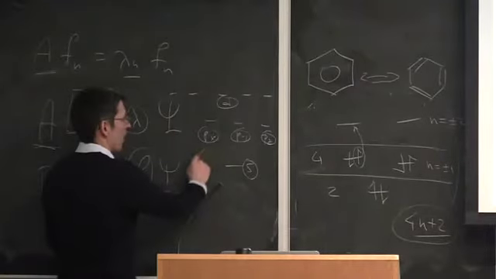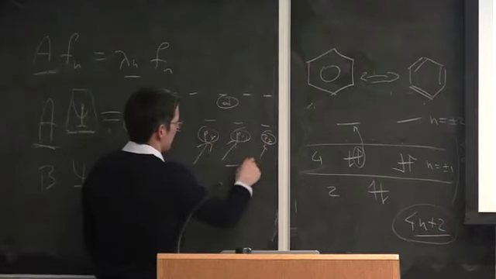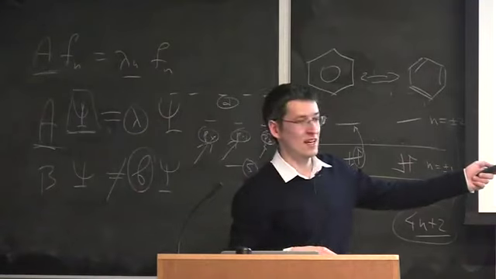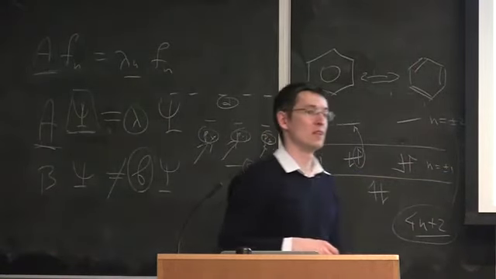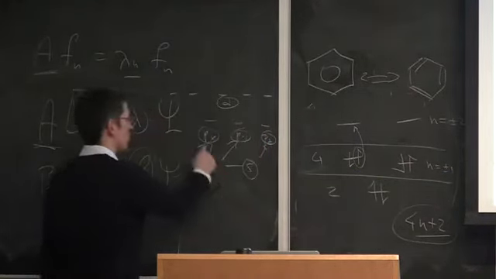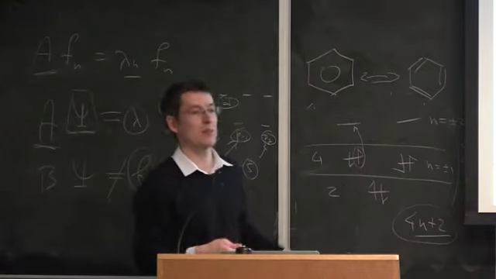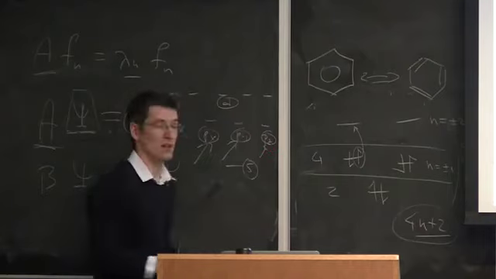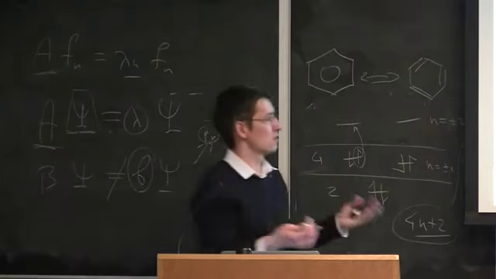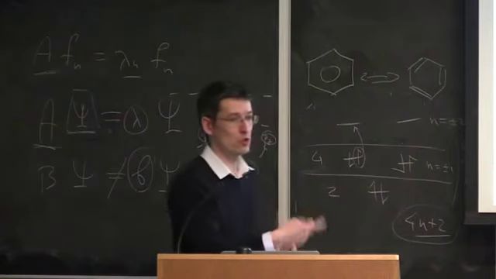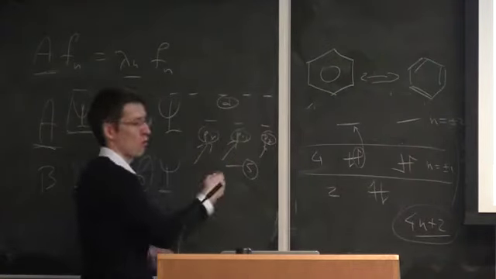Okay? Px, Py, Pz, these 3 components, are different eigenfunctions of Lz. So Lz will separate those guys. L squared doesn't separate those guys. But still, because L squared and Lz commute, you can always choose eigenfunctions for both of them.